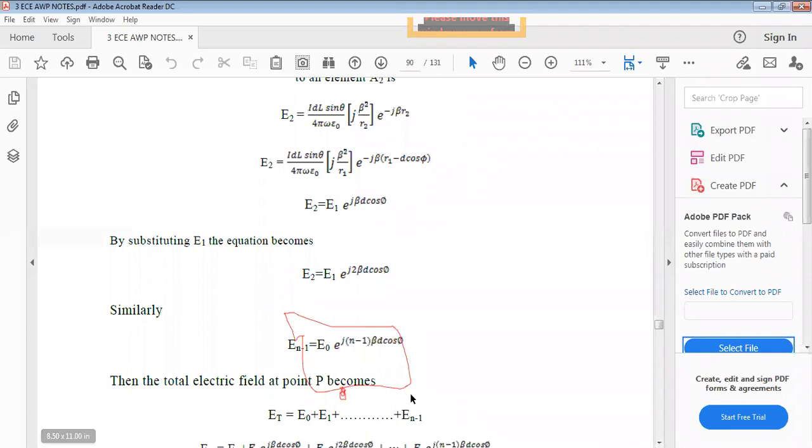See here, did you observe the difference here? All the electric field strengths from the different antenna elements are expressed here as I dl sin theta by 4 pi epsilon naught into j beta square by r2. What is meant by r1, r2, r3, rn here?